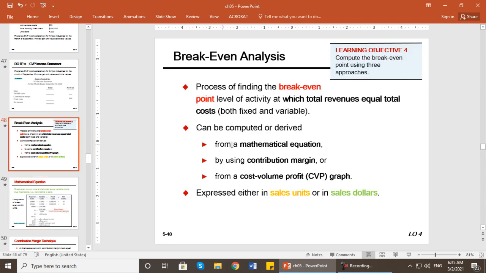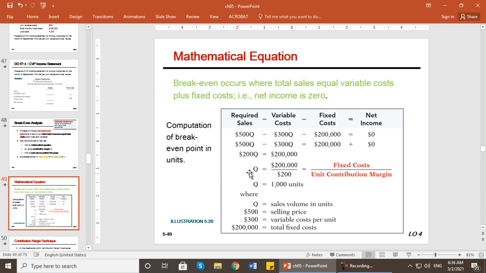Now we will use a mathematical equation. First we use a mathematical equation to calculate break-even point in units. As you see, required sales less variable cost less fixed cost equal net income.